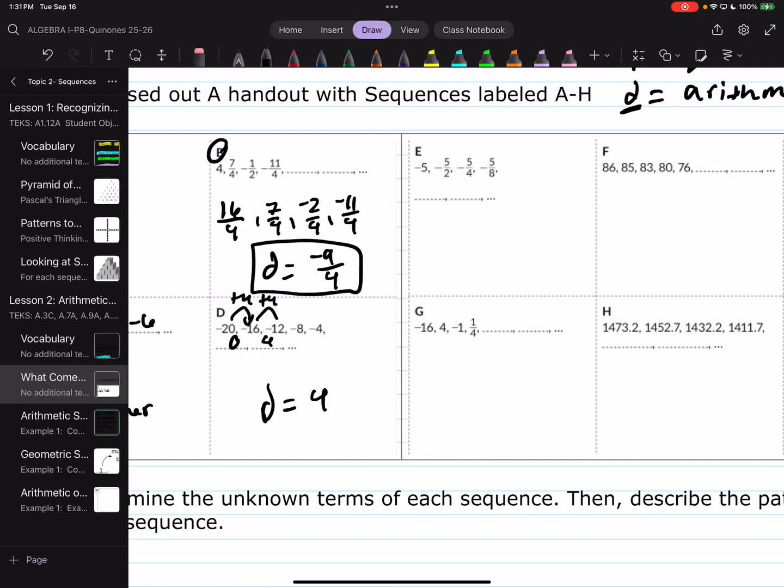Okay. What about the next one? I like this one. This one's really cool. I'm going to do something, and I'm going to give you 30 seconds if your group didn't figure it out. What if I do this? Can you now see a pattern? Talk about it with your group. Let's do 1 minute.